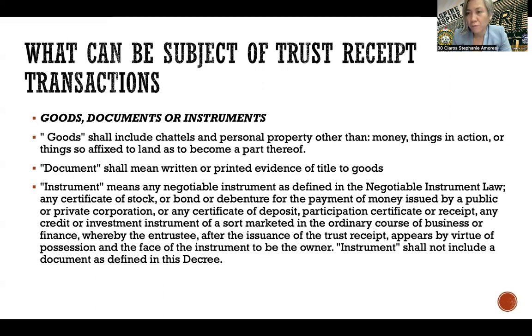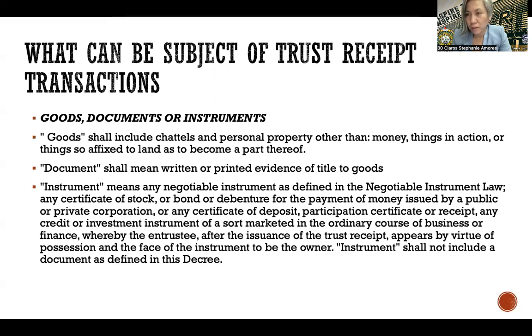Documents refers to written or printed evidence of title to goods. And instruments actually refer to any negotiable instrument as covered by the Negotiable Instruments Law. So this could be certificates of stock, bonds, or debentures.